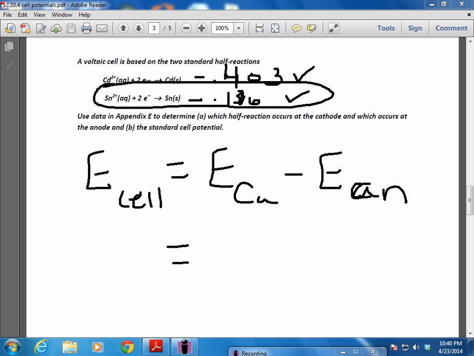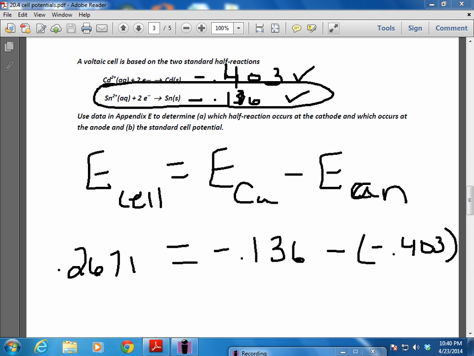The cathode potential in this case is minus 0.136 minus a negative 0.403. As you put that together, two negatives make a positive, which makes the overall value of the cell 0.267 volts. So if you can figure out what the anode and cathode is and use that equation, you can solve for any potential that you want as long as you can recognize those.